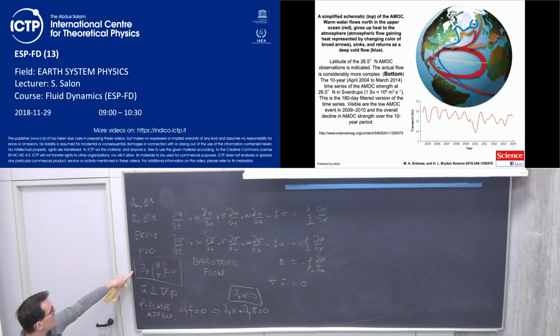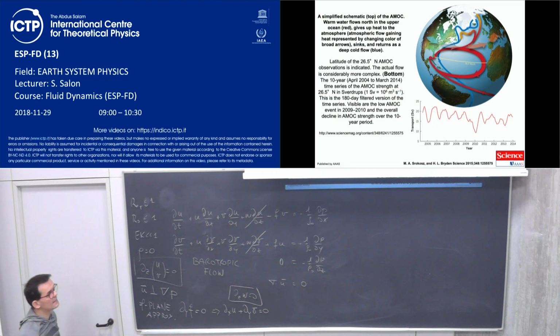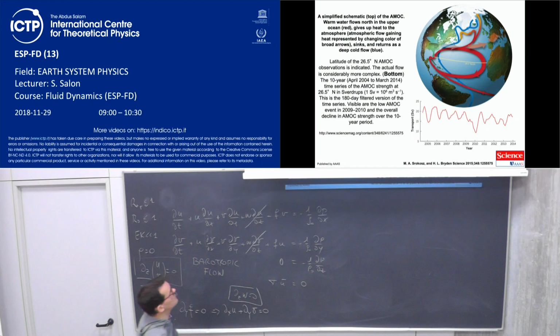If this characteristic is true at t equal to 0, at the beginning of our time, there is no reason that it changes in time. So we can easily neglect this term, where we have the variation of u and v with respect to z. We still keep this condition; the Taylor-Proudman theorem is still valid.